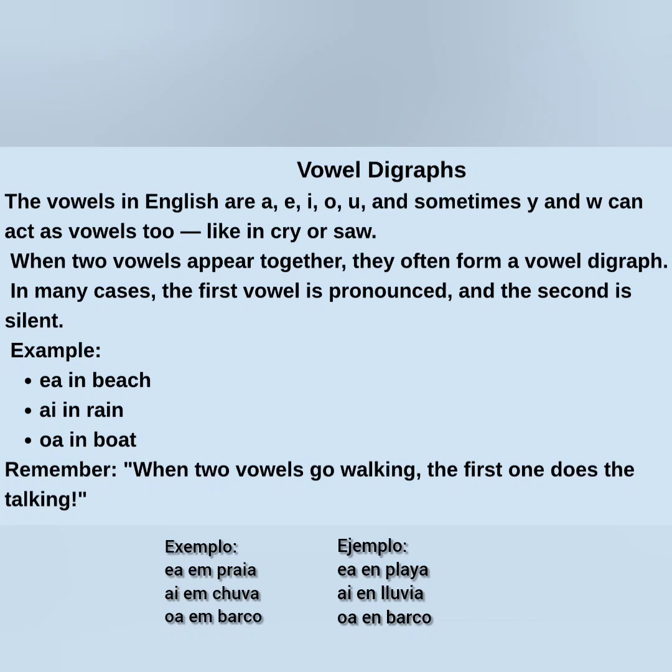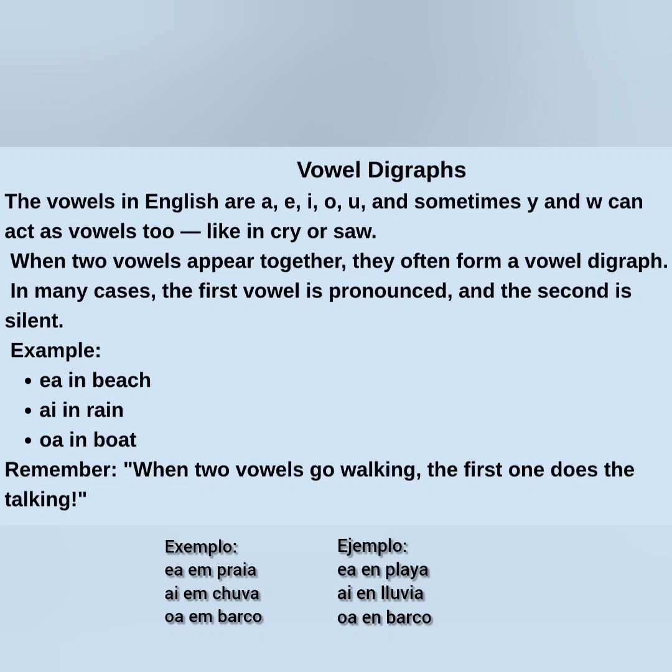Example: EA in beach. So E will be pronounced while A will be silent. So this will be pronounced as E, beach. And AI in rain. So you pronounce A and I will be silent.